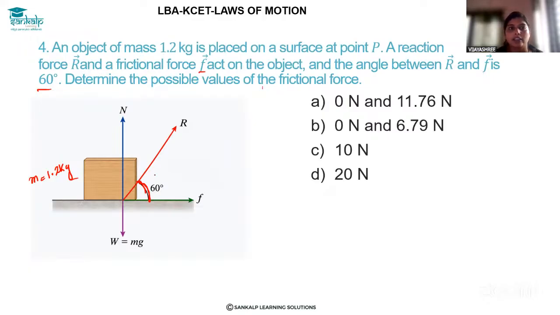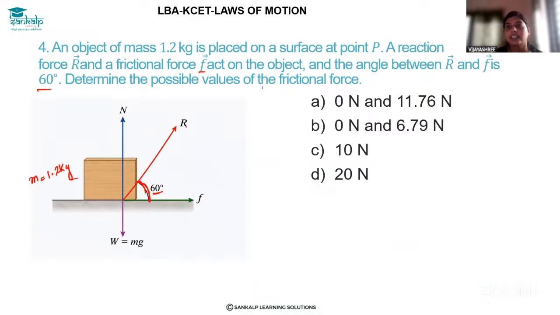And reaction force is the resultant of normal reaction and frictional force. That angle of 60 degree is given, the angle between the resultant force and the frictional force. How do we obtain the resultant force?